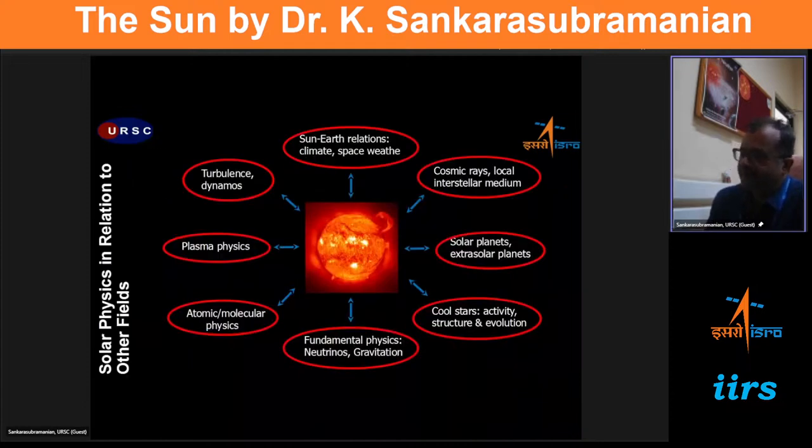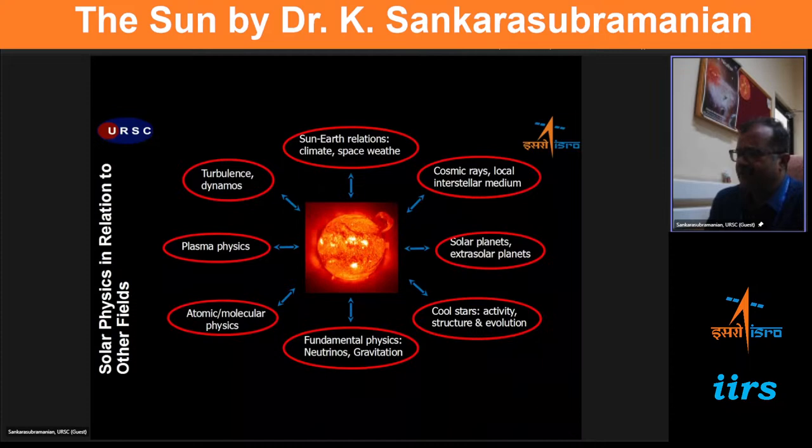Of course, as a student, you do go through a lot of physics courses, and many of the courses you take during your master's and bachelor's do link to many of the solar physics aspects. A few of them are listed here.